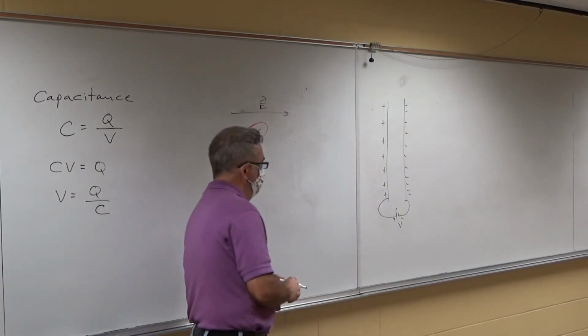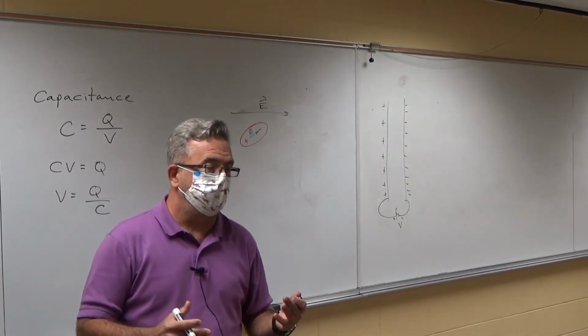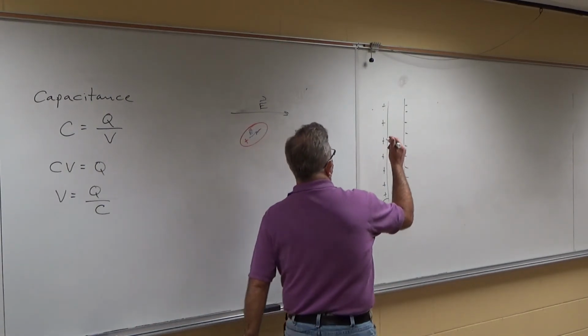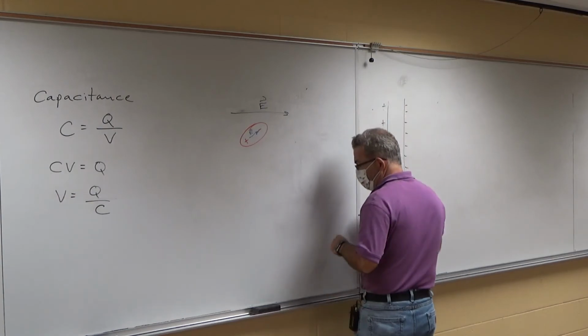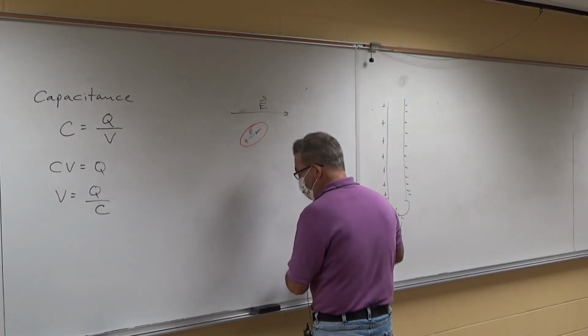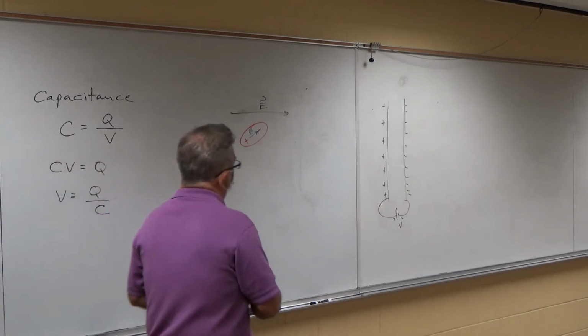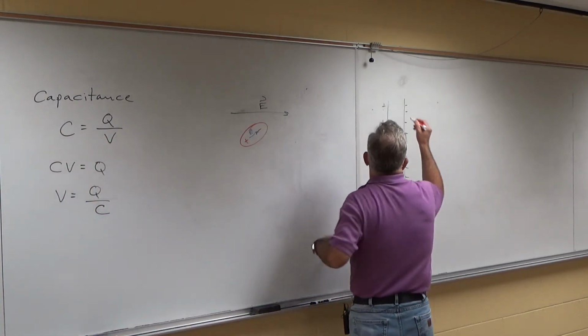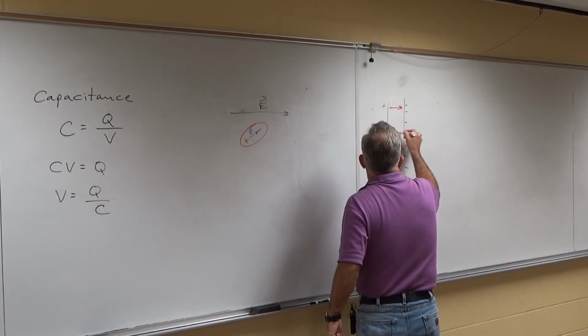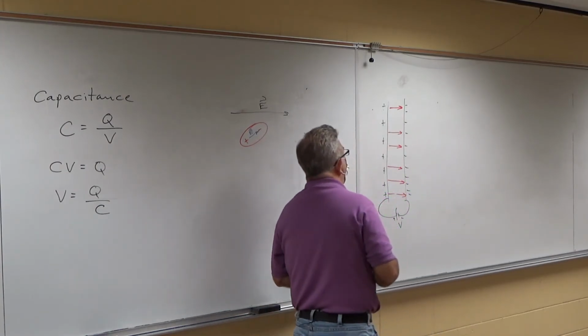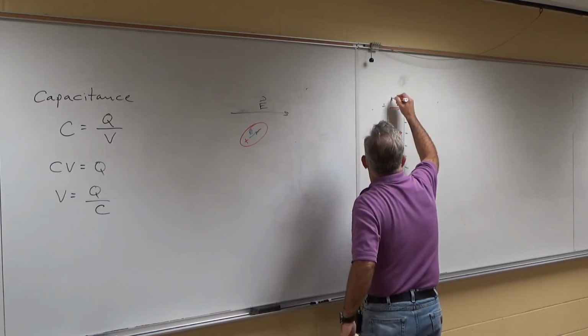Depending on the separation distance of the plates or the capacitance, you get an electric field inside the capacitor. There's an electric field inside the capacitor based on the amount of charge that's stored on the plates. I'll call that field E.